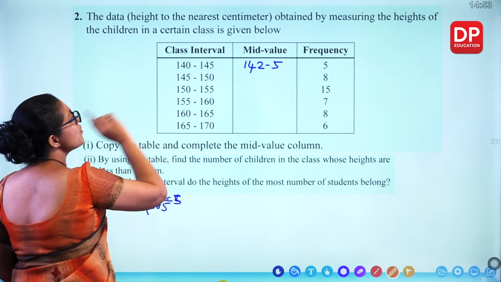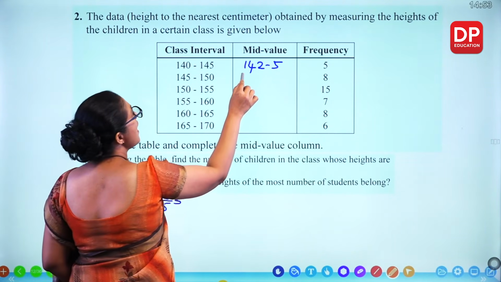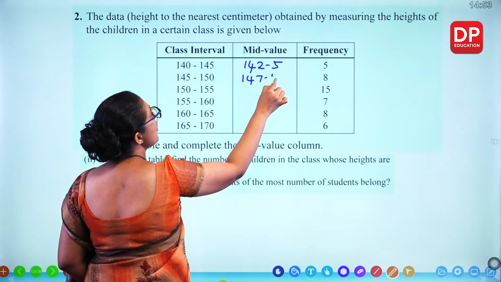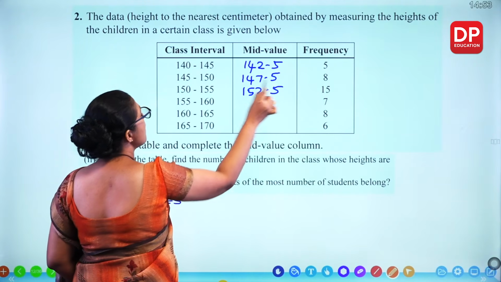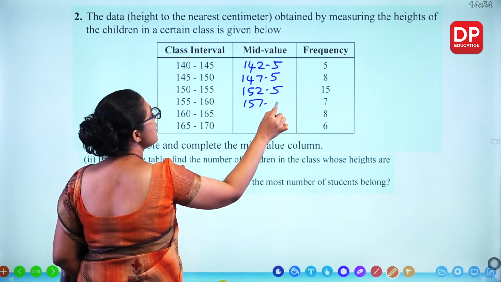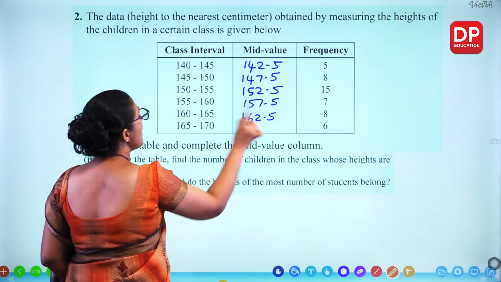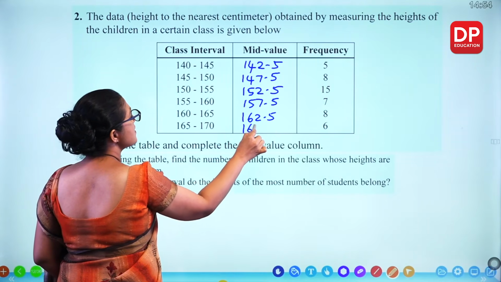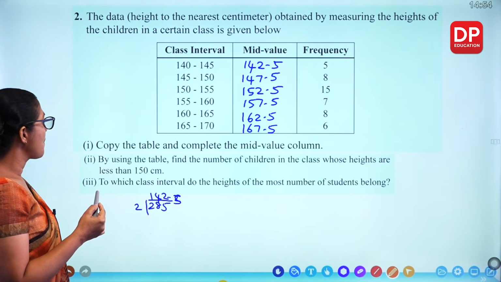Add and divide by 2 these two, you get 147.5. This one 152.5. When you add and divide by 2, you get 157.5. This one 162.5. This one 167.5. Those are the mid values.